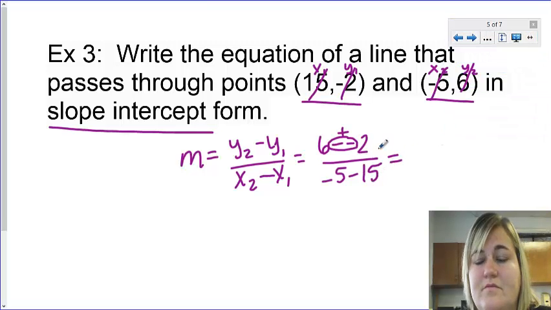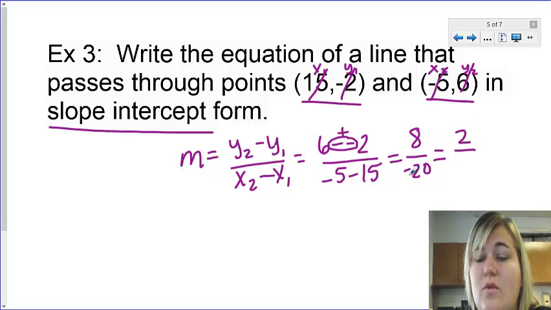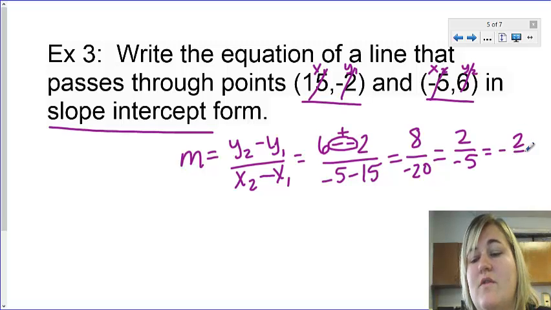So I end up with 6 plus 2, which is 8, over -5 minus 15, which is -20. When I reduce that, I can reduce both by 4. 4 goes into 8 2 times, and 4 goes into -20 -5 times. So my slope is -2/5.